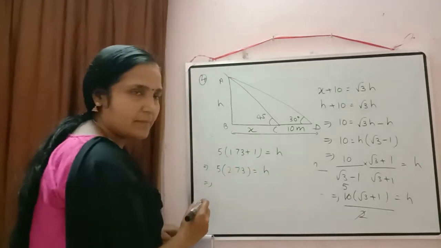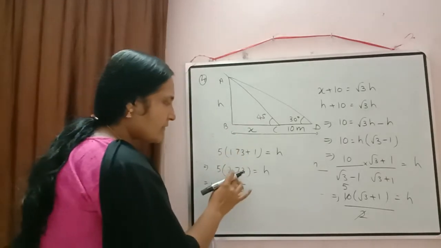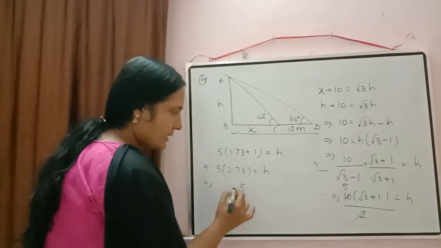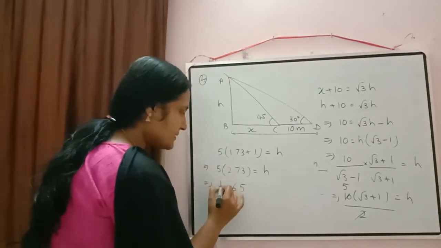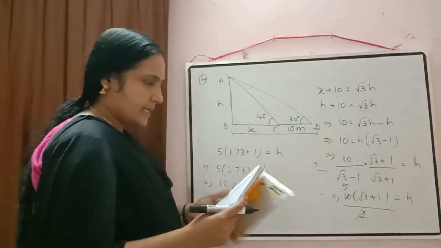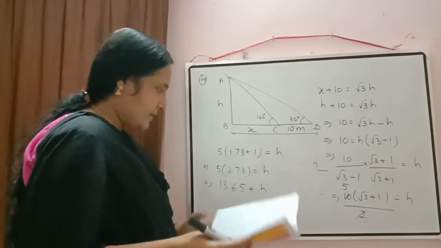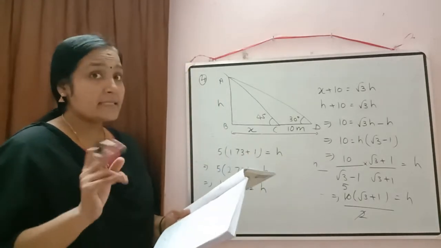Now just to do the multiplication, 5 3s are 15, carry over 1, 5 7s are 35, plus 1 36, carry over 3, 5 2s are 10, plus 3 13. Then we will get 13.65 meter. I think the answer is in meter. So don't forget to write down the answer statement.